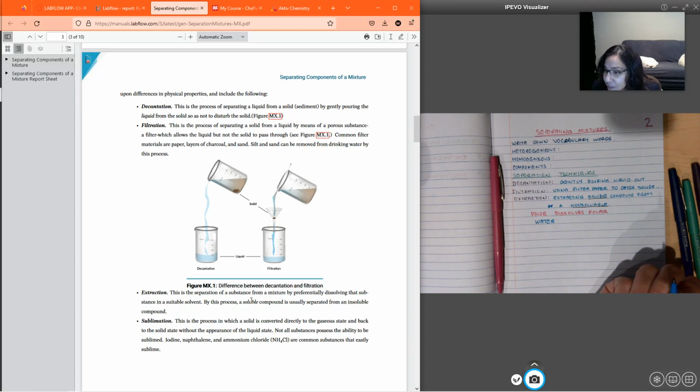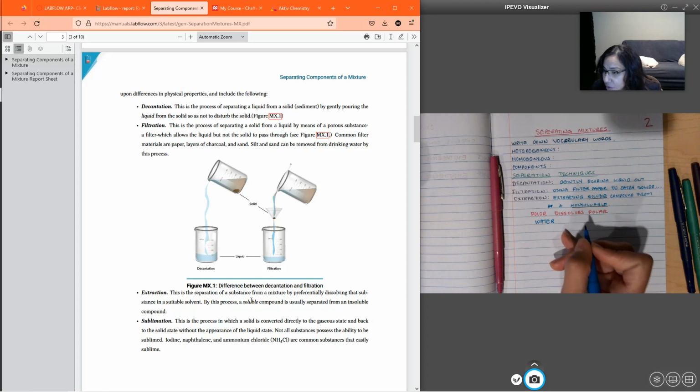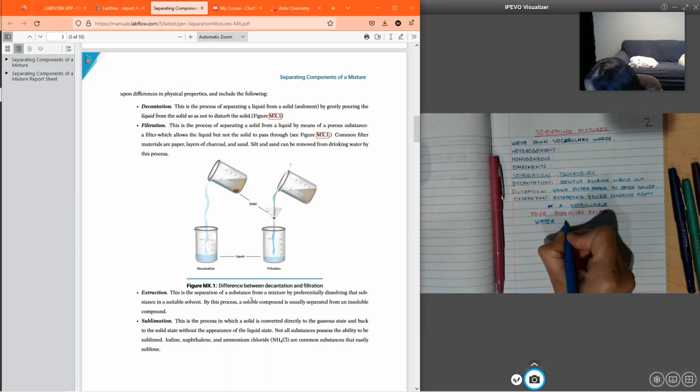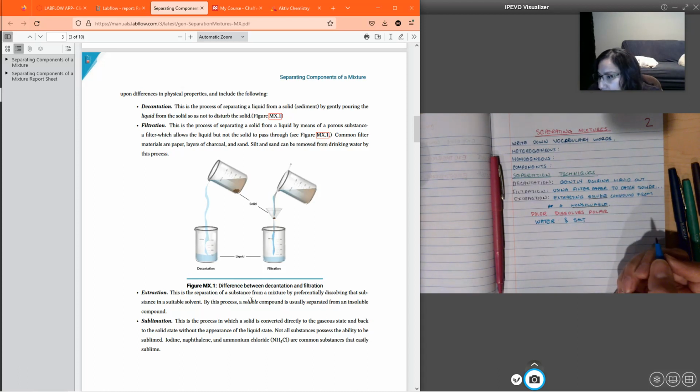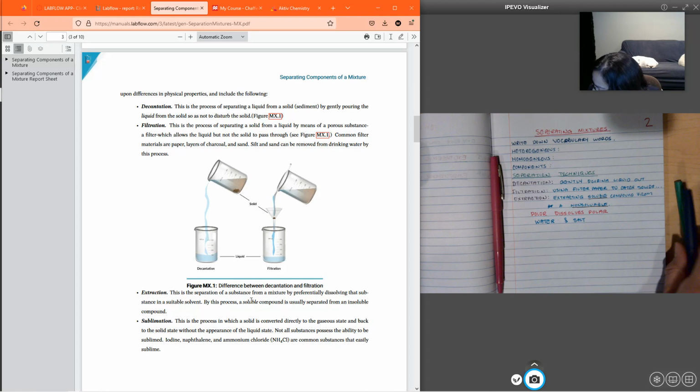So if something else is polar, it's going to dissolve in water. So water and, let's see, hmm, water and salt dissolve. Okay? They dissolve together.